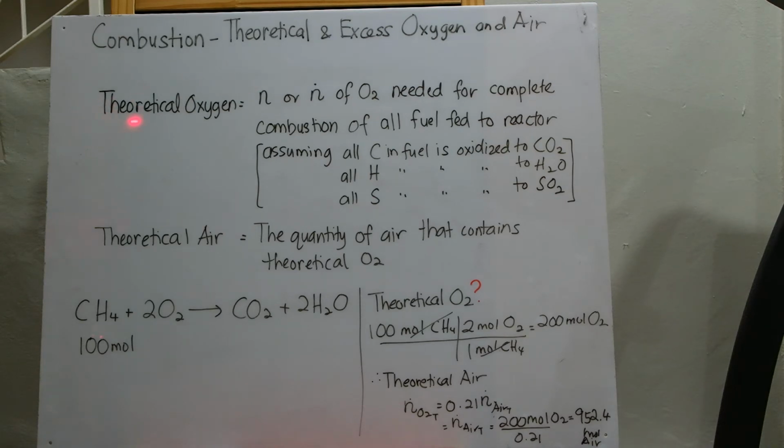What is theoretical oxygen? Theoretical oxygen is defined as the number of moles or molar flow rate of oxygen needed for complete combustion of all fuel fed to the reactor.